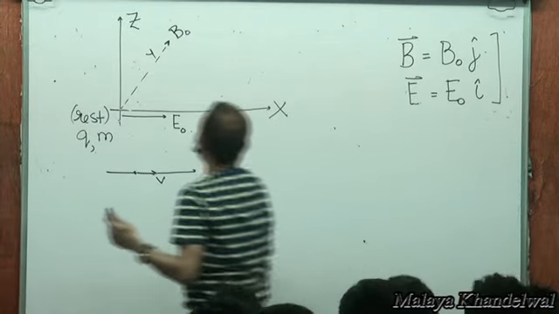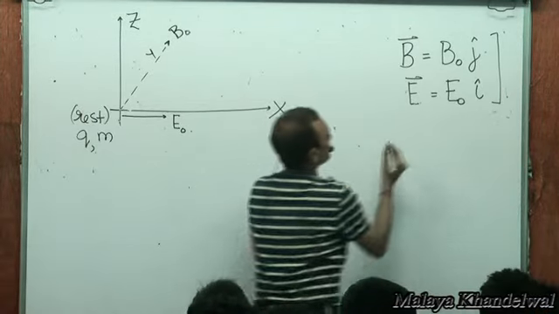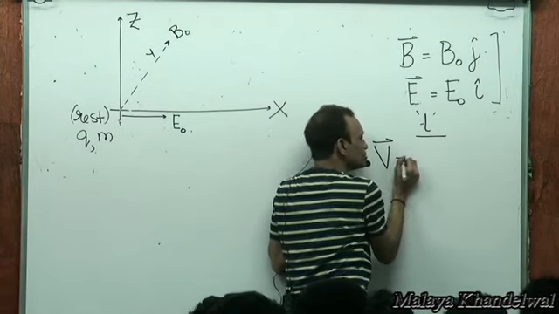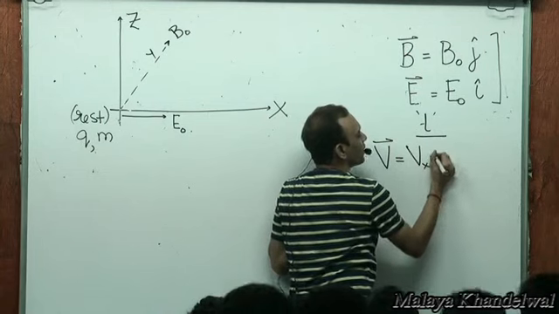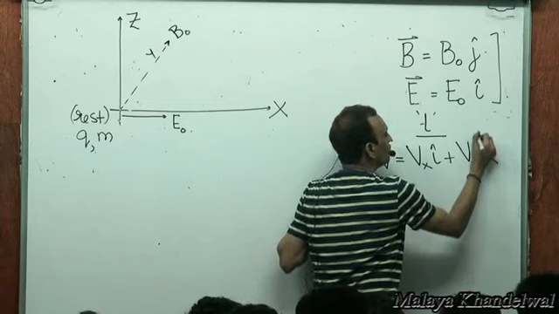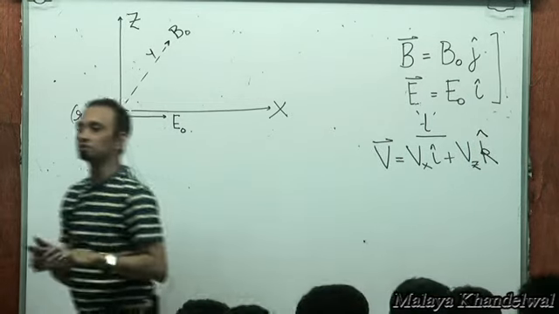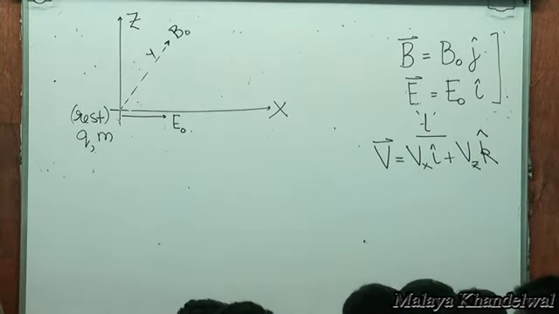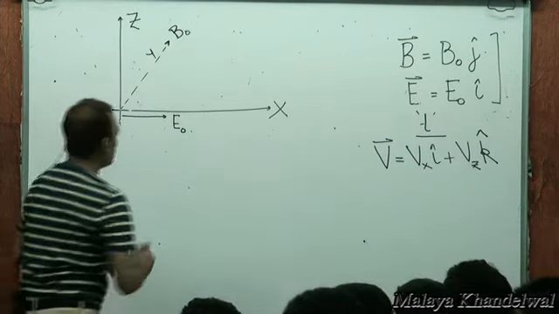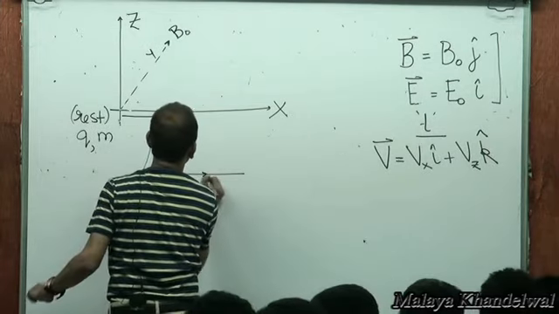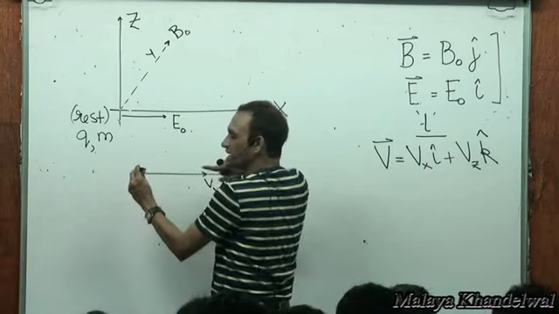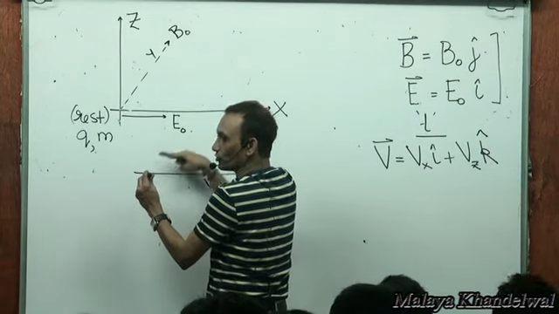So at any instant of time t, the velocity of the particle would be Vx i cap plus Vz k cap. No velocity built up in the Y direction. See, after a while, when it has a velocity in the X direction, Vx is like this, B is into the plane of the board, right?